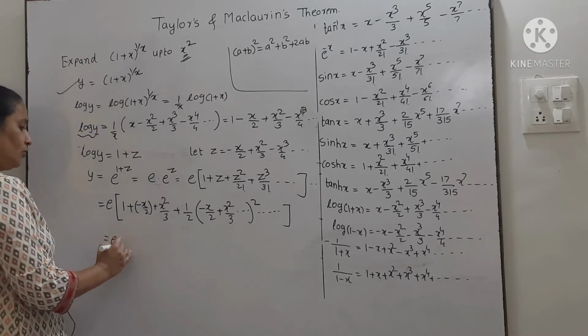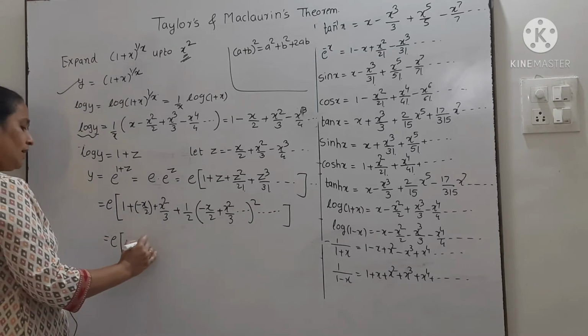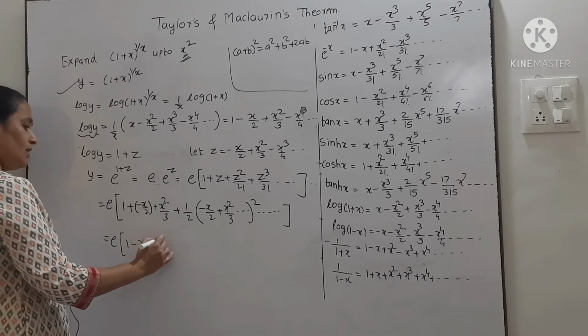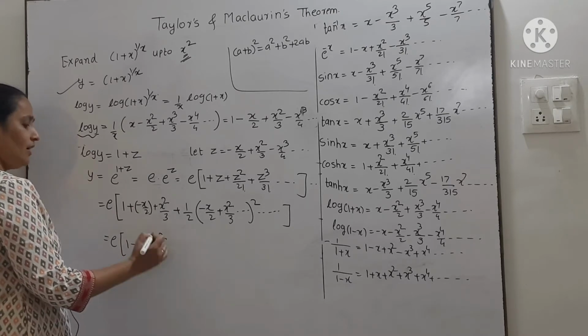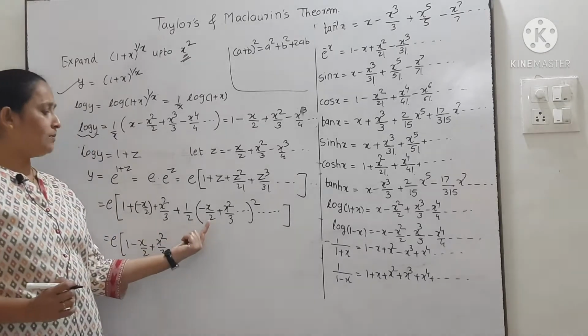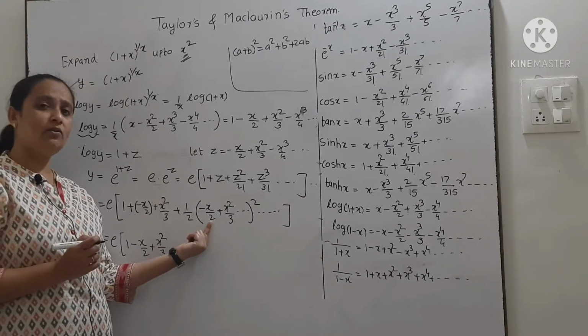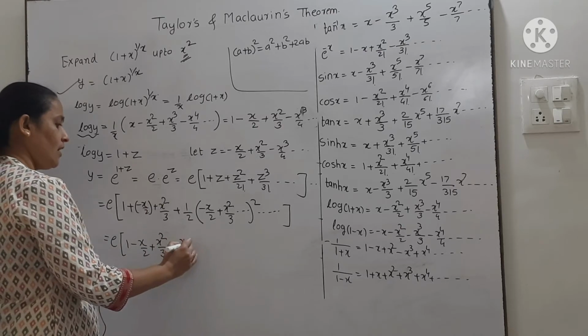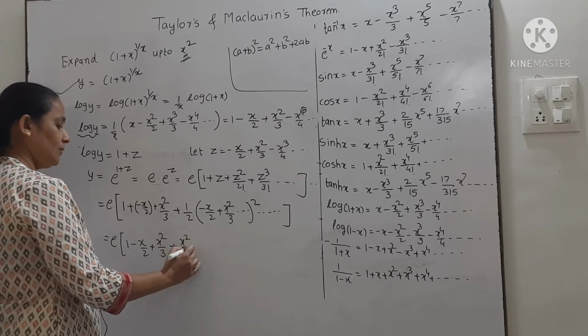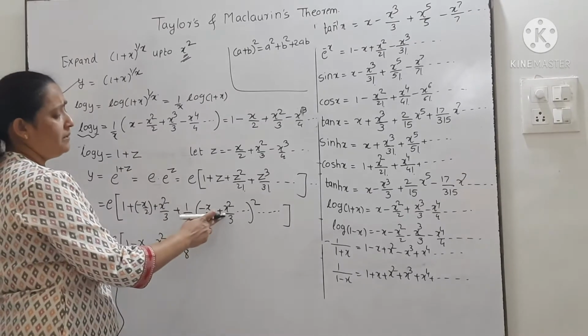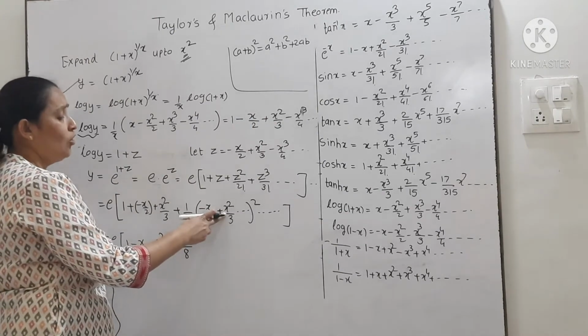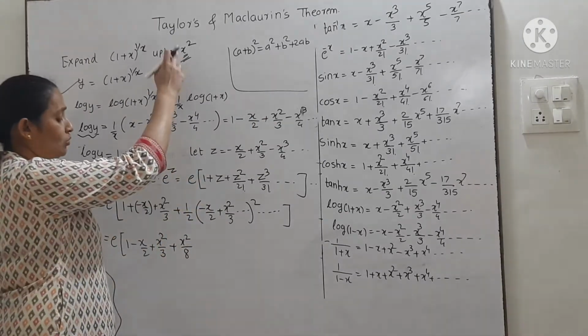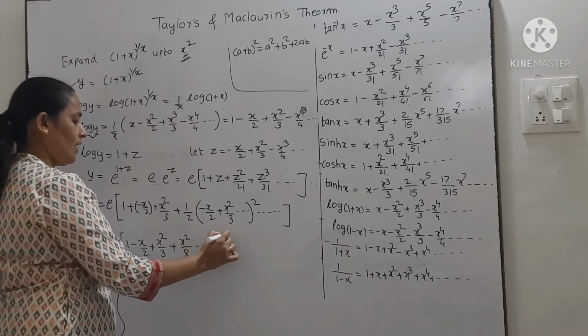So this is equal to e in bracket 1 minus x by 2 plus x square upon 3. If I take the squaring, minus x by 2 square will be x square upon 4 into this 2. So it is plus x square upon 8. The next term will be x square square, that is x raised to 4, which is greater than 2, so neglect those terms and so on.